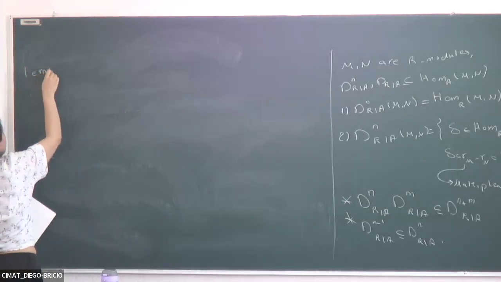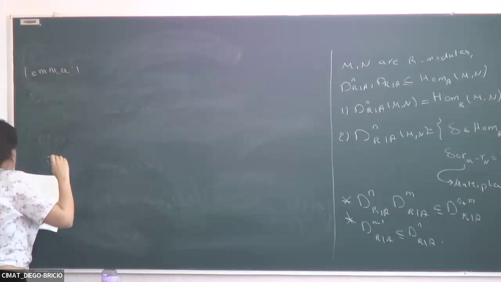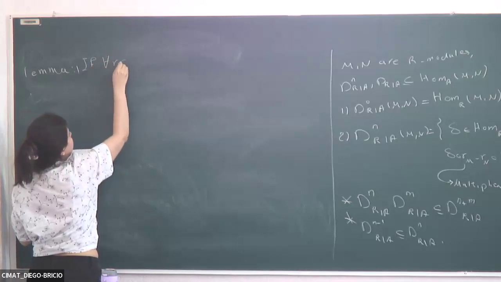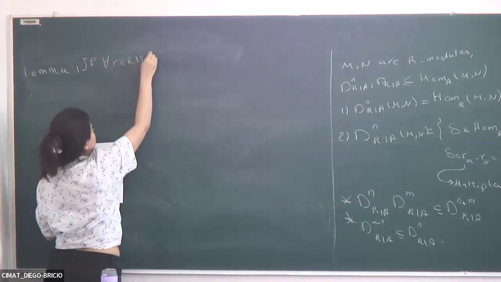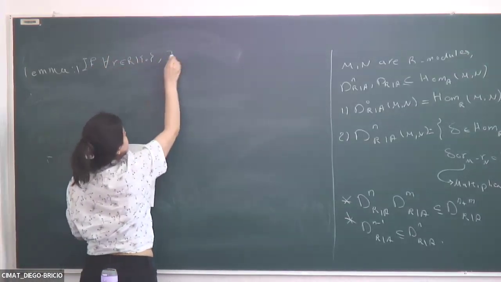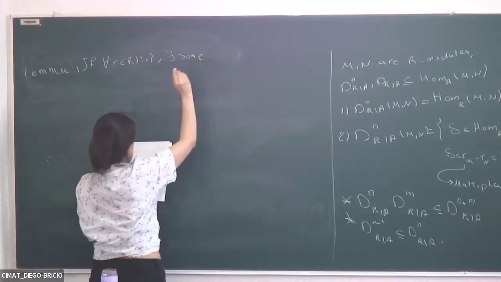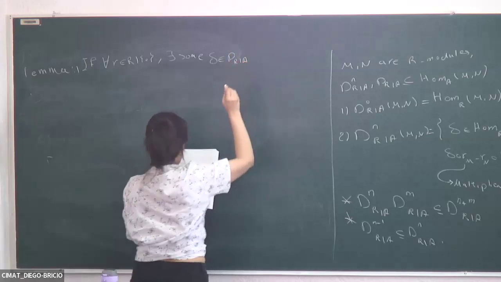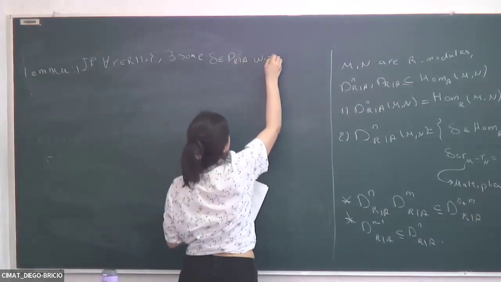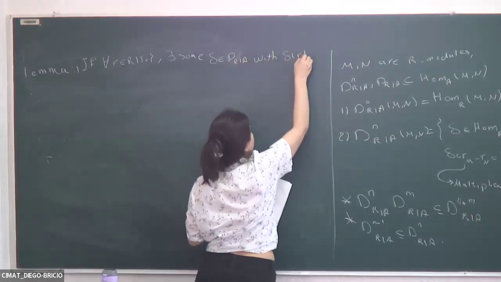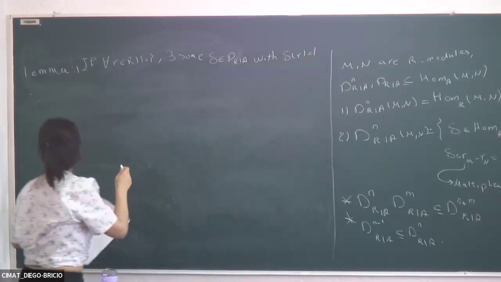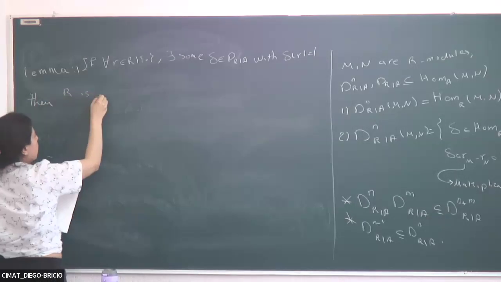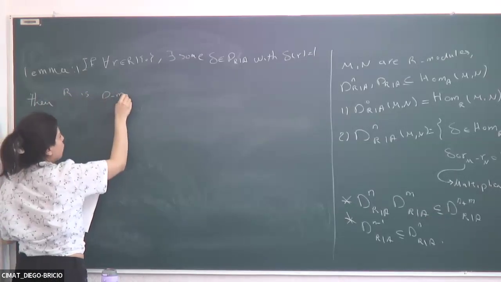And another fact is that if for every r in R minus 0, there exists some delta in D over R with the property that delta of r is equal to 1, then R is a D module.